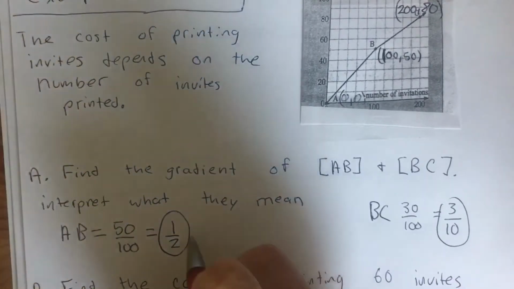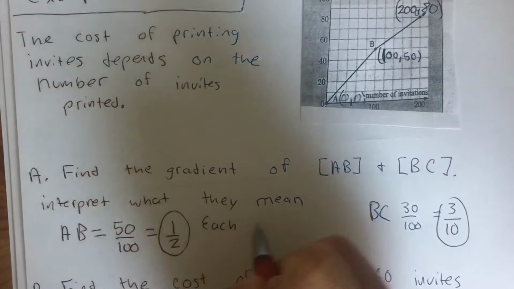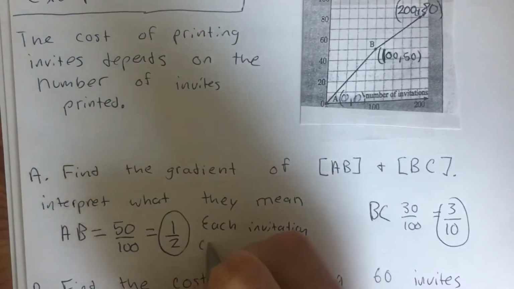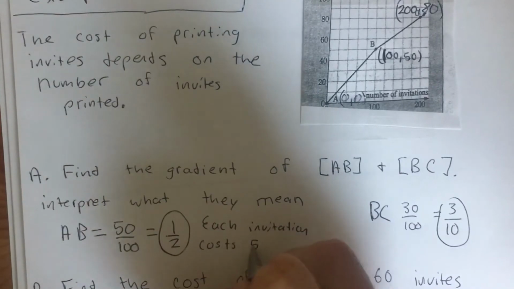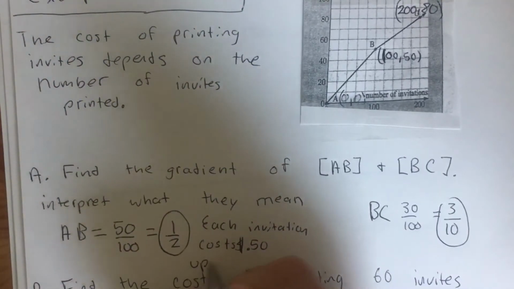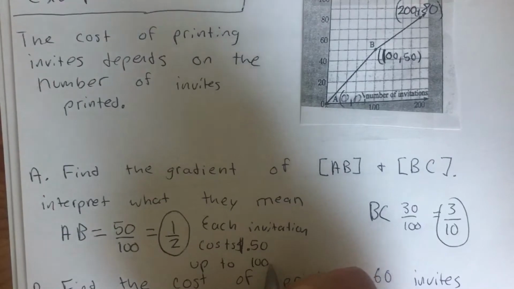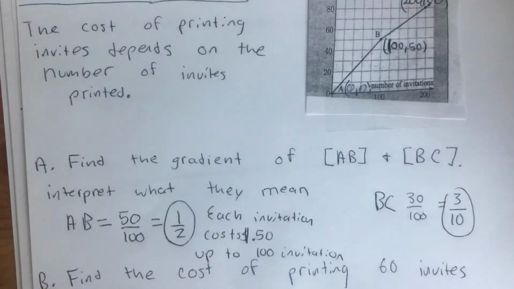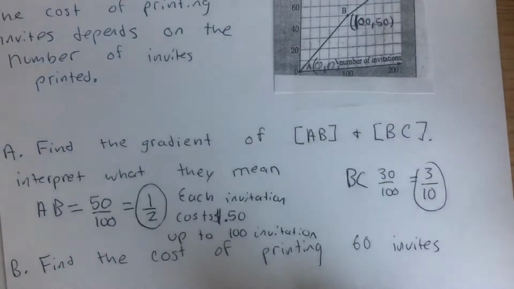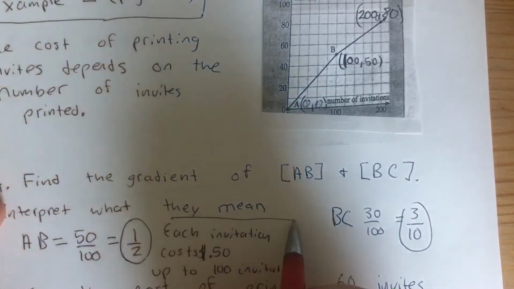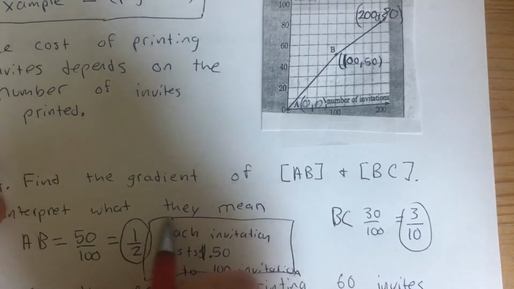So the way we would interpret that is we'd say each invitation costs 50 cents, up to 100 invitations, because at that point we hit the second piece. After 100, it moves upward. So that's how we interpret this in terms of the slope.